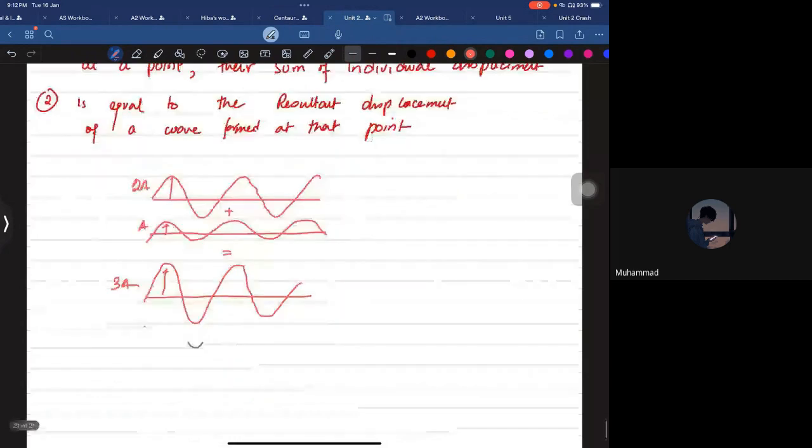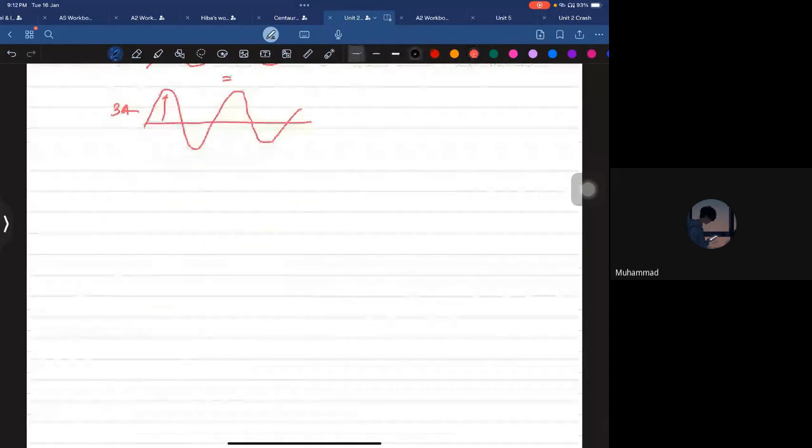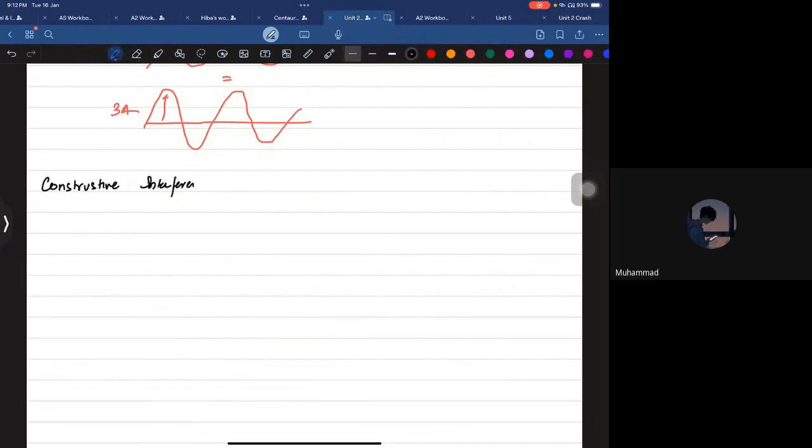So then you will have two types of interferences. It is called constructive interference, and then we have destructive interference.